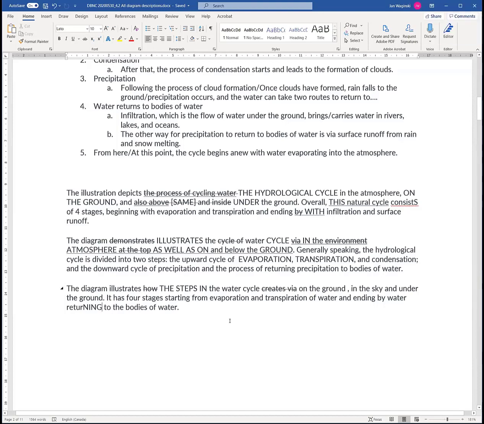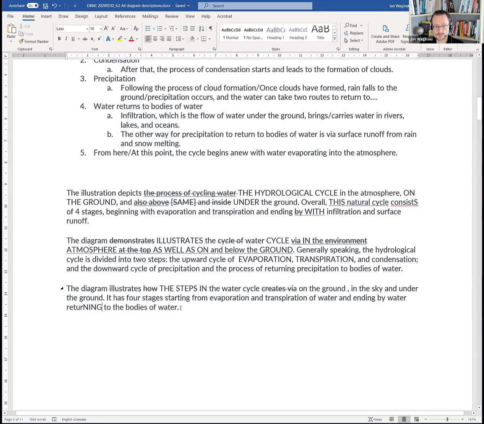While a stage or process, most probably with of. This is the process of water cycling in the atmosphere. Yes, and steps in. Okay. Thank you.